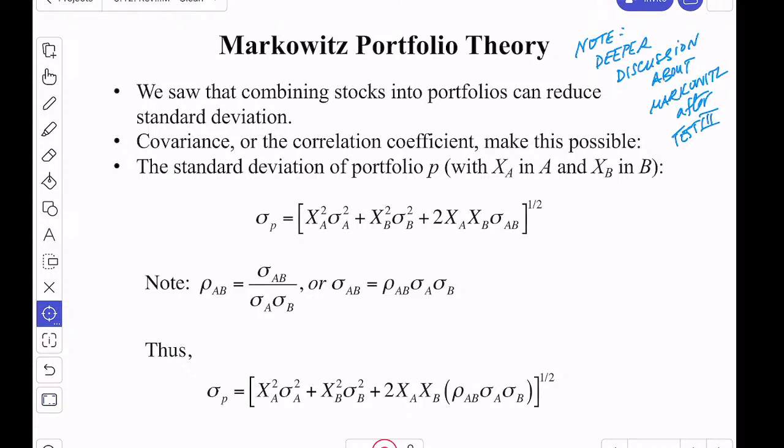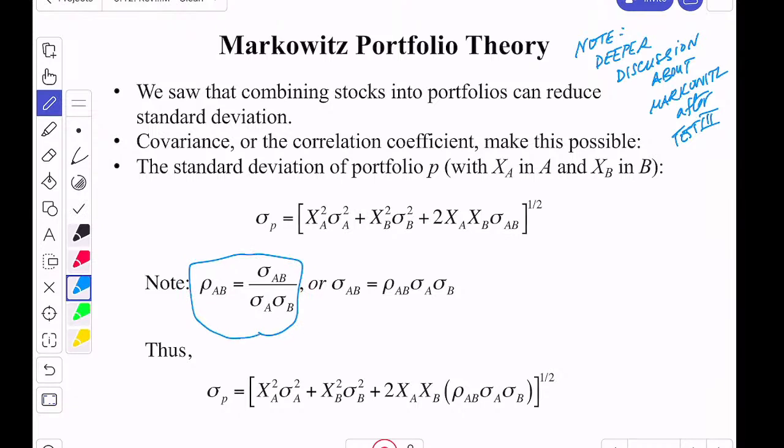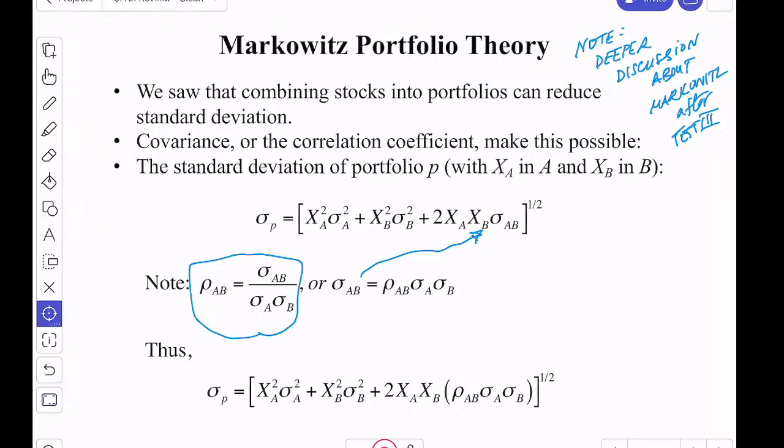And also, depending on the information you're given, this allows me to write, replacing this term with the correlation. So you could use this formula, or this equation, depending on the information you've been given, okay?